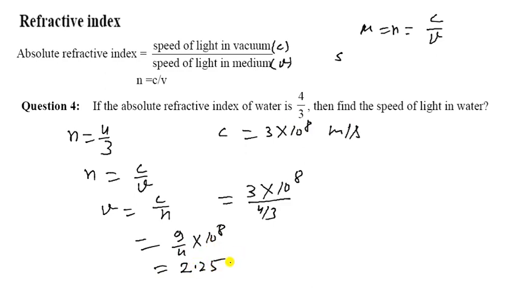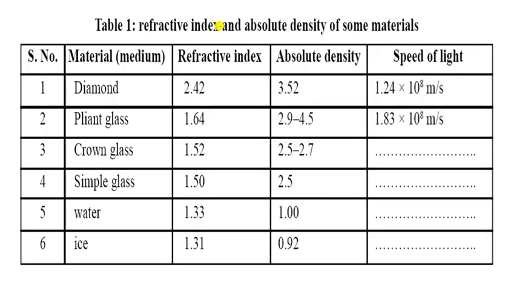If the absolute refractive index of water is given as 4 by 3, so you can write n is equal to 4 by 3, or you can say mu also. Find the speed of light in water. Here the formula is n is equal to c upon v, so v is equal to c upon n. As you know, c is equal to 3 into 10 to the power 8 meter per second.